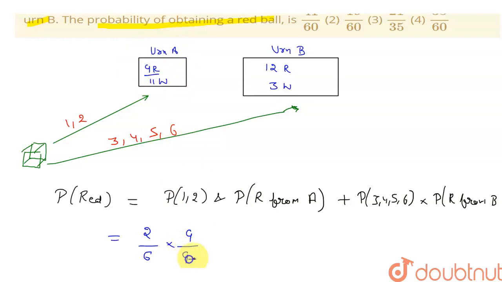Plus again, the probability of getting 3, 4, 5 or 6 on the die is 4 by 6, since the total favorable values are 4 and the total number of values is 6, into the probability of getting a red ball from urn B. The total number of red balls is 12, and the total number of balls is 12 plus 3.